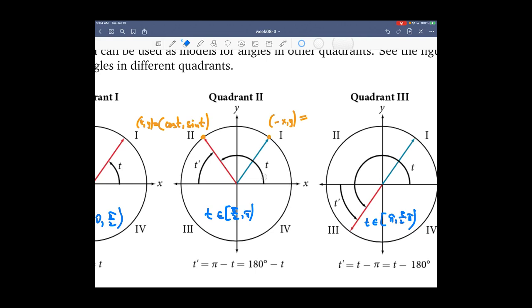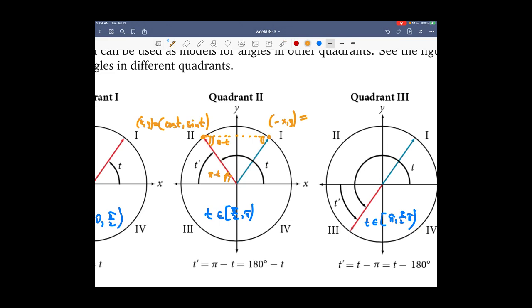Well, because this angle is t, this angle is pi minus t. This angle, being the same as this angle, is also pi minus t. Now, it is an isosceles triangle. Two sides are equal to the radius of the circle, which we assume is 1 in this discussion.